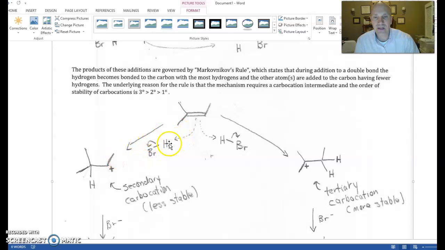All right, notice when it gets added to the left carbon, that ends up creating the carbocation on the right carbon, and that ends up making a secondary carbocation. All right, notice that there's two carbons attached to this carbon right here. Notice over here, you end up getting a tertiary carbocation. All right, that's because there are three carbons attached to that carbon right there.